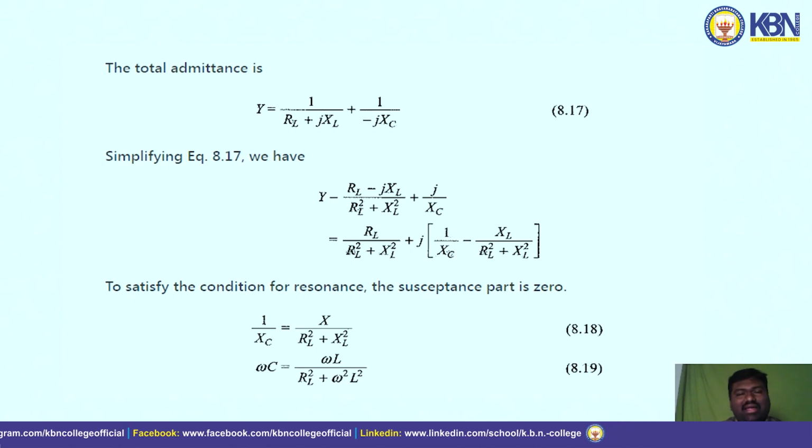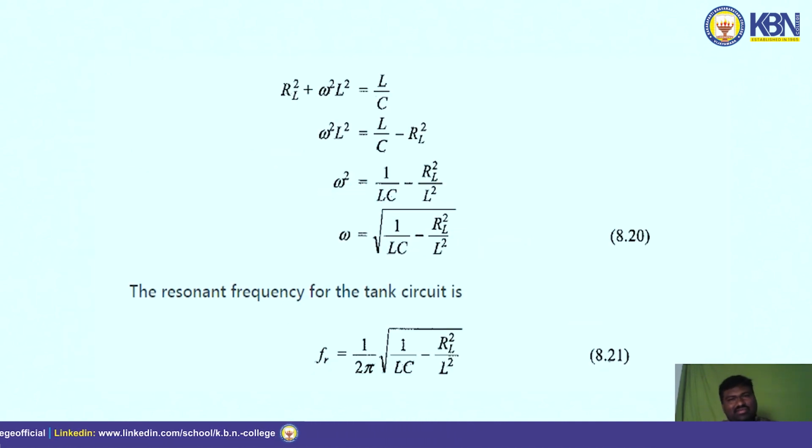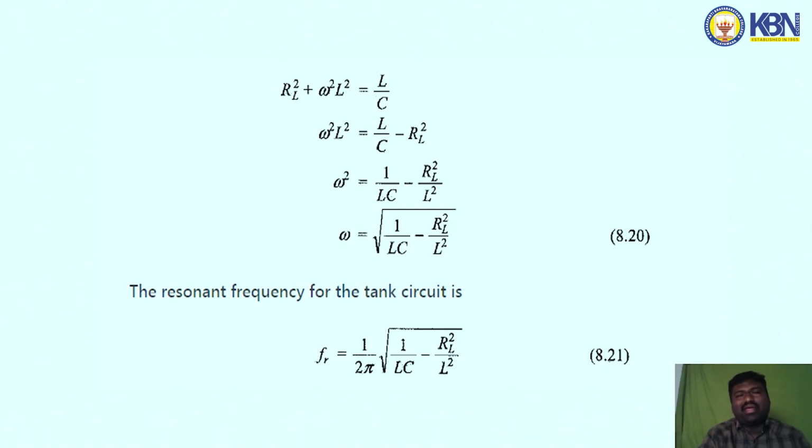1 by omega C we can write as omega C, which equals omega L by RL square plus omega square L square. Omega square L square plus RL square equals L by C. Omega square L square equals L by C minus RL square. Omega square equals 1 by LC.